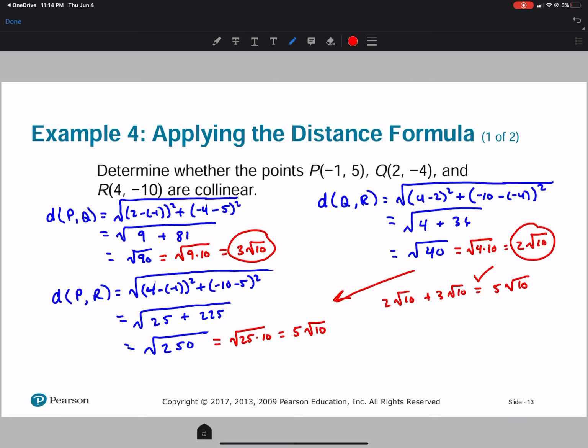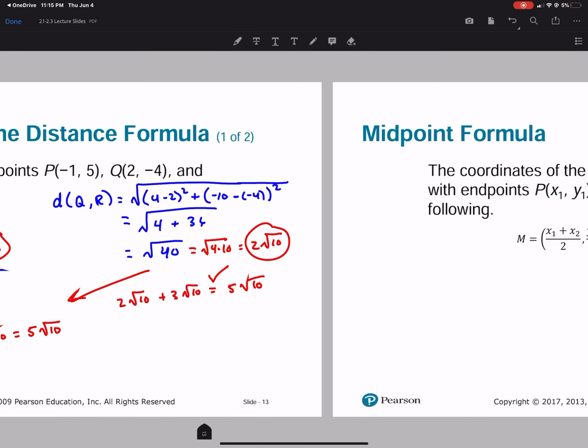Just keep that in mind. So they are collinear because the 2 other distances equal the third distance.